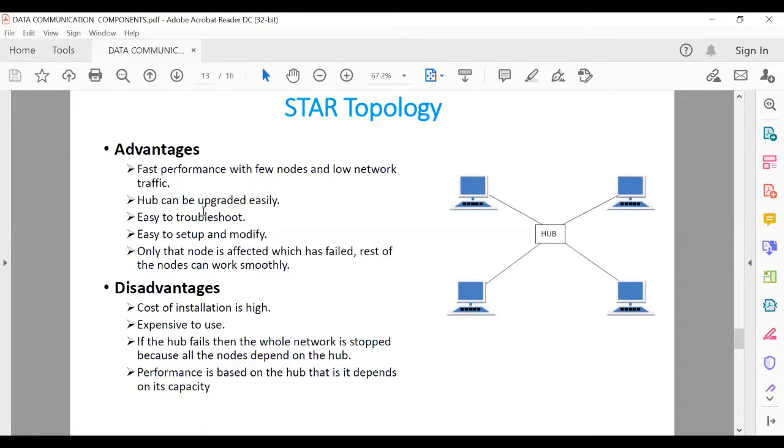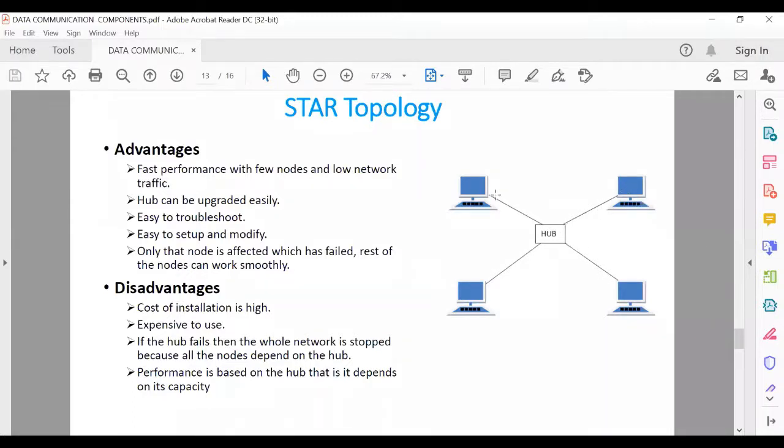Different advantages are there, like fast performance with few nodes and low network traffic. The hub can be upgraded easily, it is easy to troubleshoot, easy to set up, and modification is also very easy. Only that node is affected which has failed.